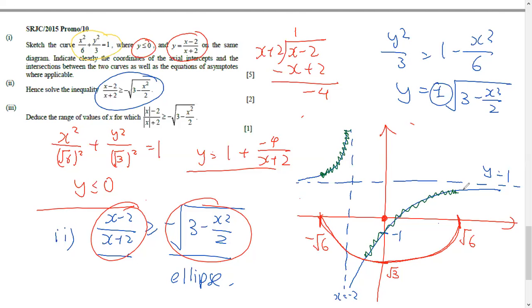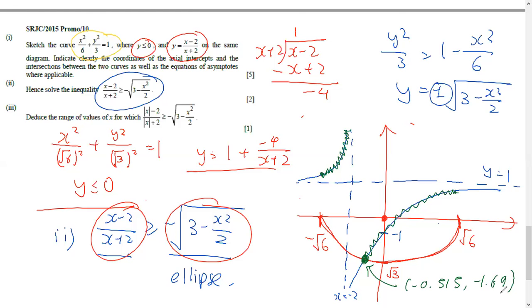Okay, so we need to go to the GC to get out certain values. More importantly is this value over here, the intersection. This intersection here will be minus 0.515 and negative 1.69.